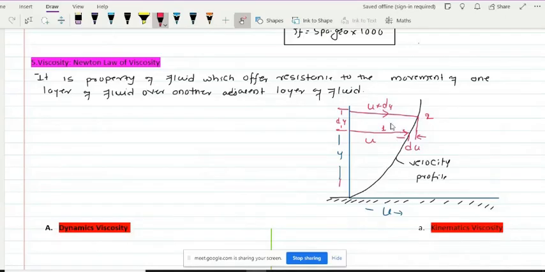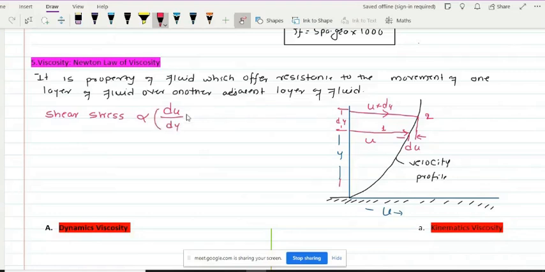The top layer causes shear stress on the adjacent lower layer, or the lower layer causes shear stress on the upper layer. This shear stress is proportional to the rate of shear strain, that is du by dy.